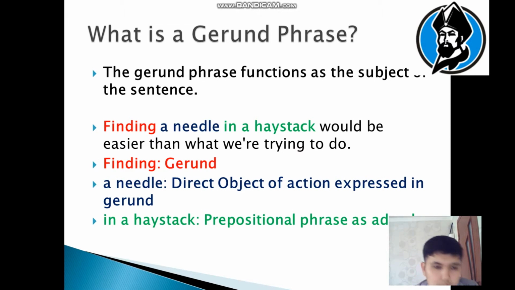Finding is a gerund because all gerunds are the same as the -ing form of the verbs. Needle is the direct object of the action expressed in gerund. In a haystack is a prepositional phrase used here as an adverb.